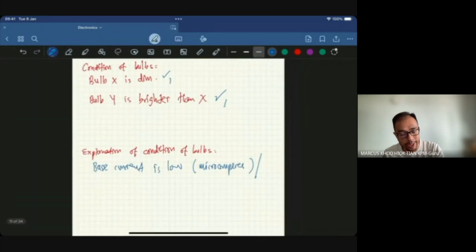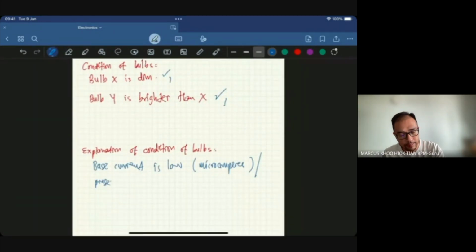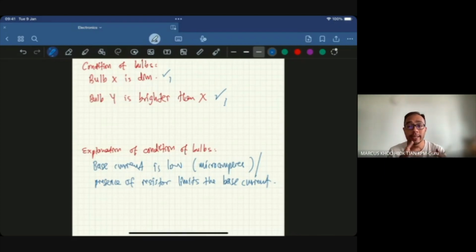The presence of a resistor limits the base current. When there's a resistor, then you know there's a limit. The high resistor value will limit the base current, so the base current is actually very low, in the microamperes.